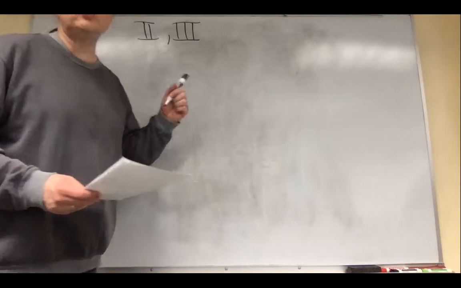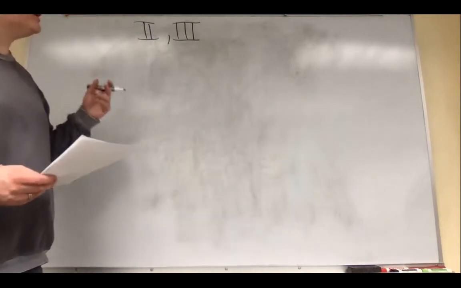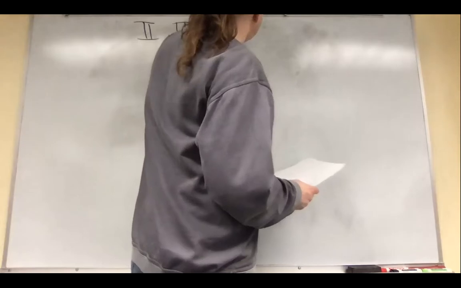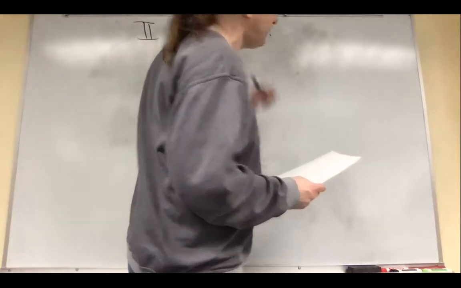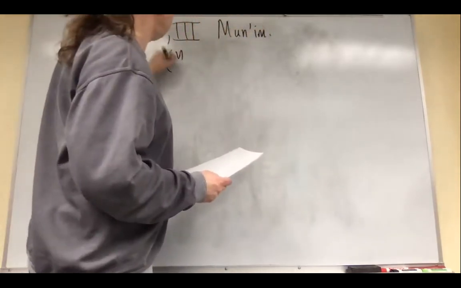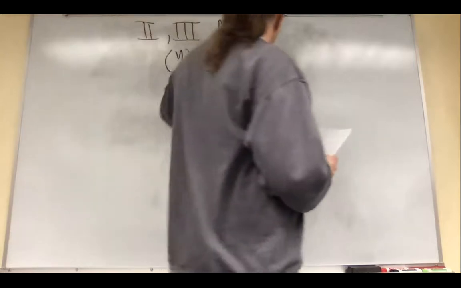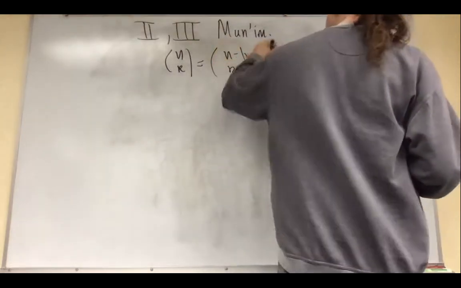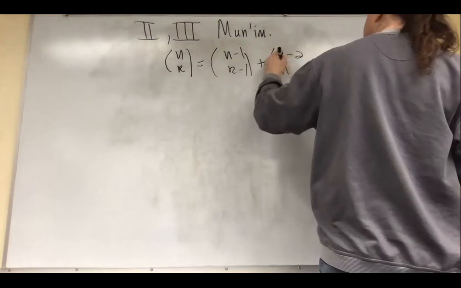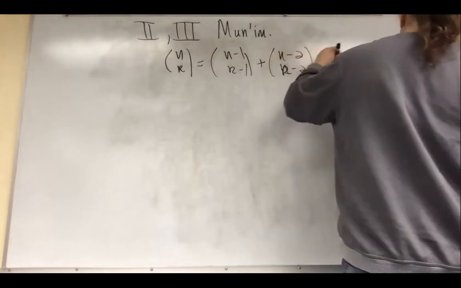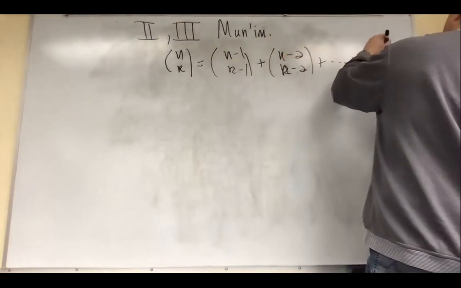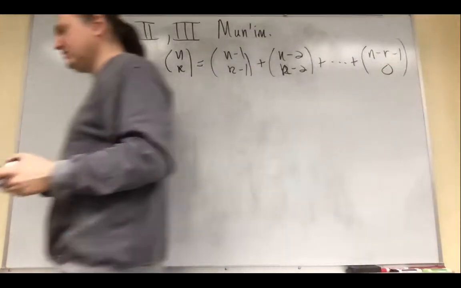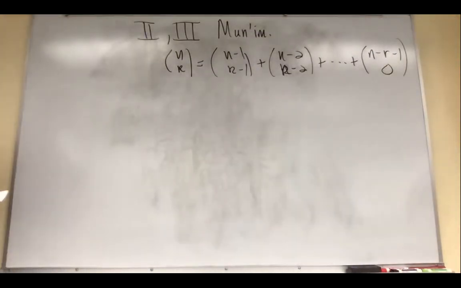1 and 2, or 2 and 3, we have seen before. These were the consequences we saw from Munim. This is what we would now write as n choose k equals n minus 1 choose k minus 1 plus n minus 2 choose k minus 2 plus all the way down to n minus r plus or minus 1 choose 0 whenever that happens.